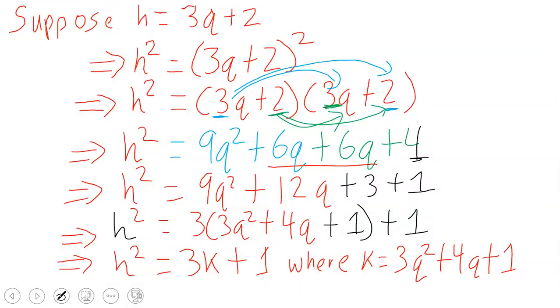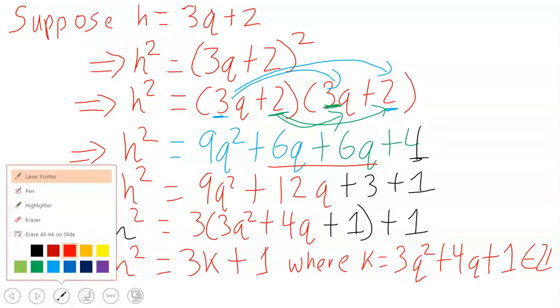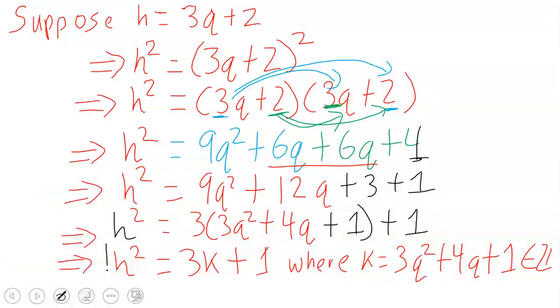And of course, that is indeed an integer. Why is it an integer? It's an integer because 3q squared is an integer, 4q is an integer, and 1 is an integer. And when you add integers, you also get an integer. Awesome. So now we have the right thing: 8 squared is equal to a multiple of 3 plus 1.